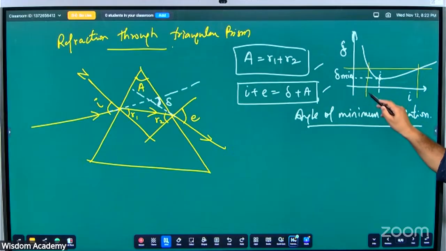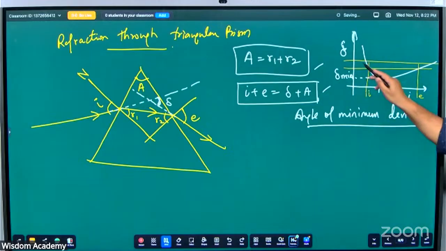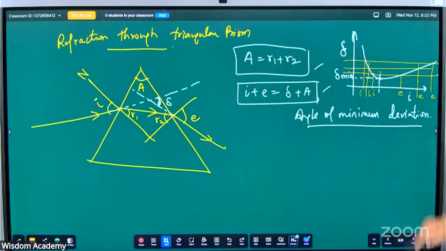This will become angle of incidence, this will become angle of emergence. If I draw any other line, see, for this deviation also we have two values, angle of incidence, angle of emergence. For every other angle of deviation, what we are going to have? We are going to have 2 points, angle of incidence, angle of emergence.